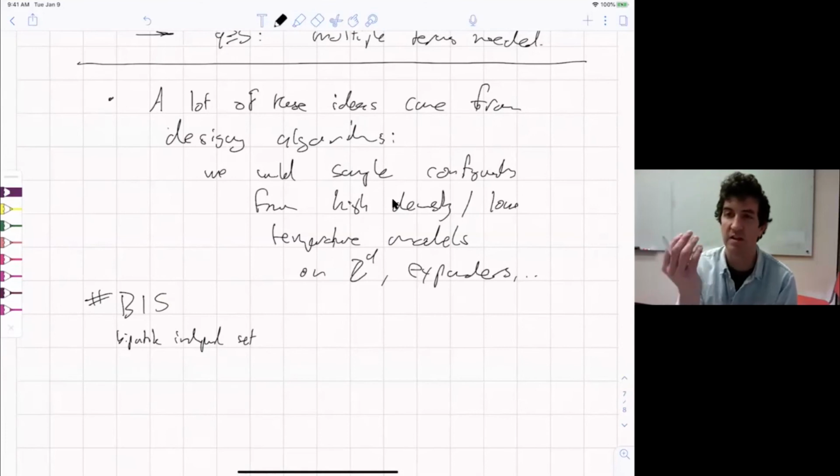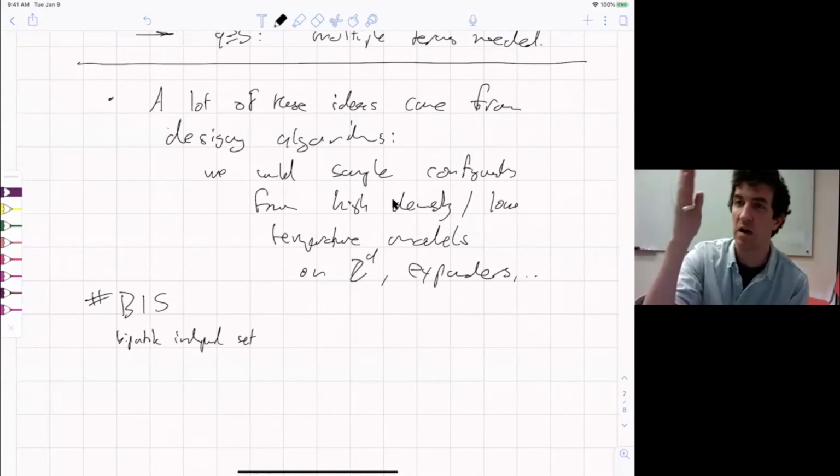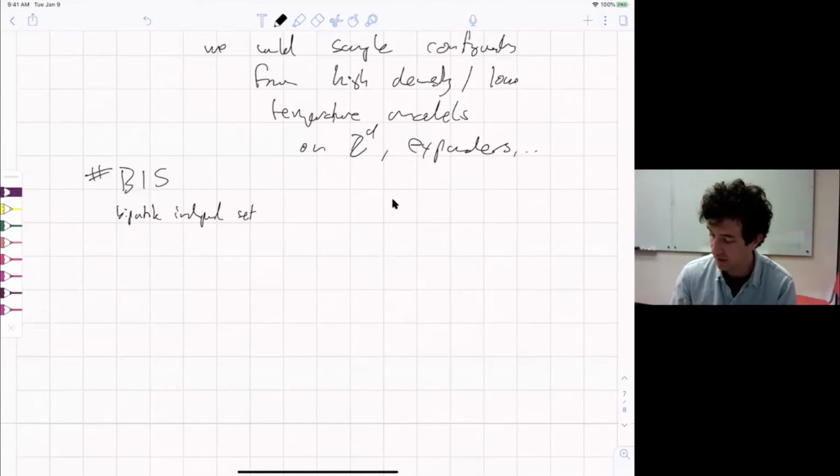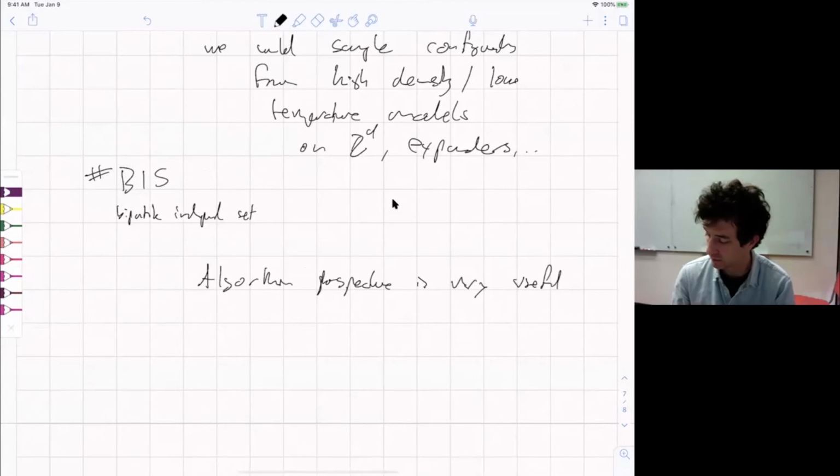And there you really do want this explicit error bound, so you know algorithmically where you can stop and where you can truncate this cluster expansion. And I'll just say that there's a lot of uses. So the algorithmic perspective is very useful in combinatorics, I would say.